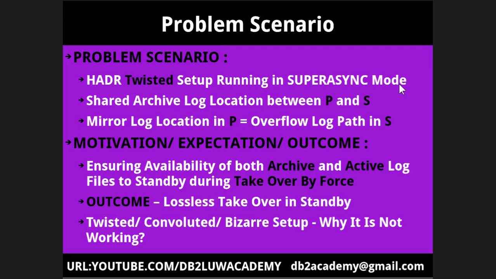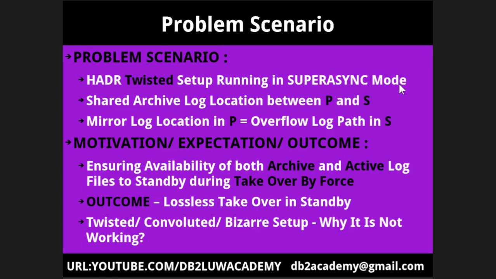Even though I am in super asynchronous mode, from the perspective of the primary, the log files are either available in the archive log location or available as active logs. I am ensuring availability of both to the standby through this twisted configuration, wherein the archive log location is shared.